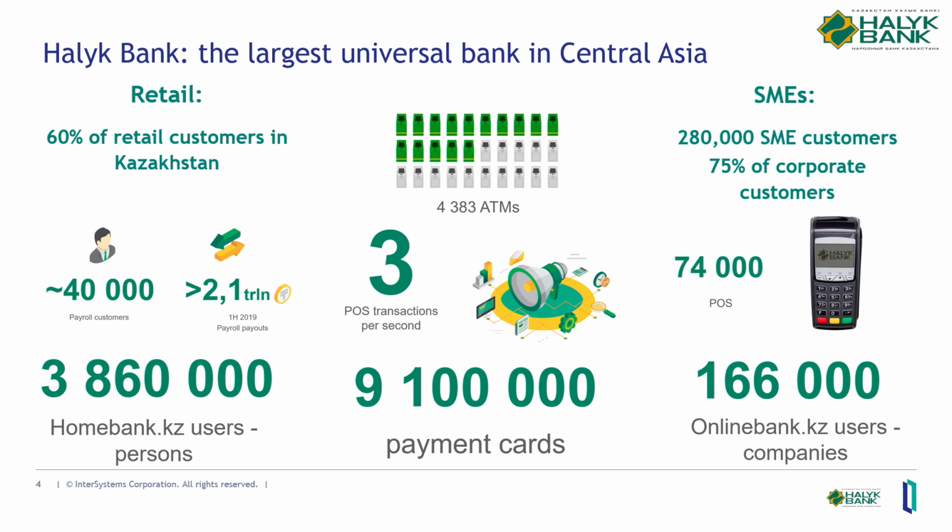Halyk Group takes the third place in terms of assets in Central Asia. Halyk Bank is one part of Halyk Group. Halyk Group includes banks of 6 different countries, and investment, insurance, and collection companies. Halyk Bank is the largest bank in Kazakhstan.